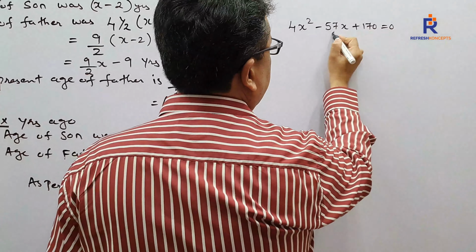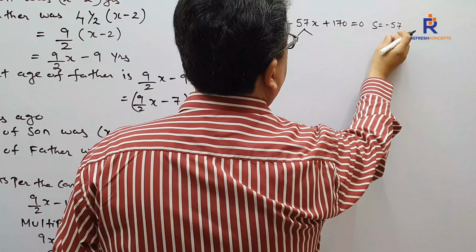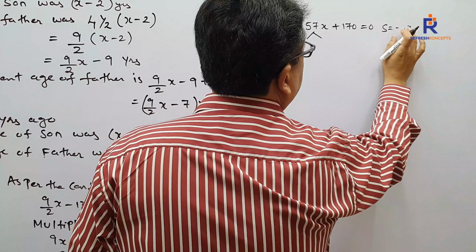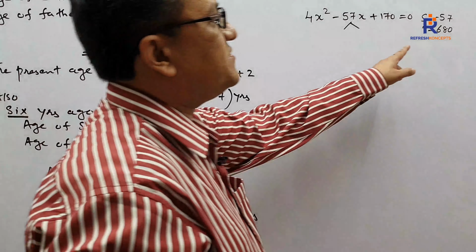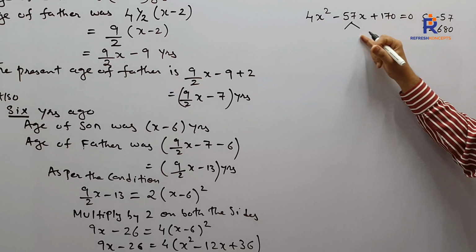As per our normal process of factorizing, the sum is minus 57, mind you, and the product happens to be 170 into 4, which is 680. Now children, any numbers from your end? How can I get product as 680 and sum as minus 57?